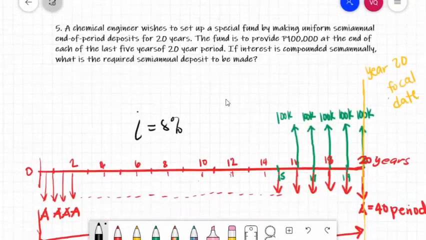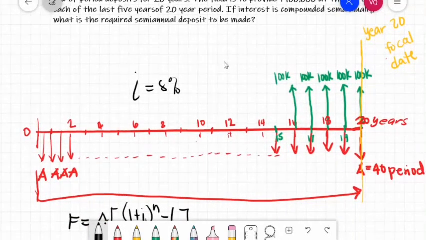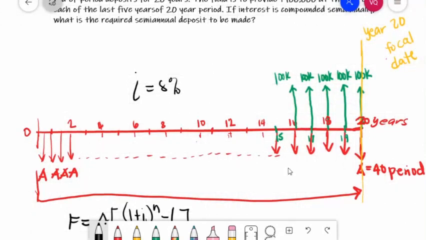So we have here the cash flow diagram. You have a total of 40 periods because it is semi-annual. So semi-annual is 2 times 20 years, equal to 40 periods.